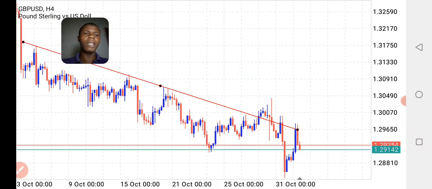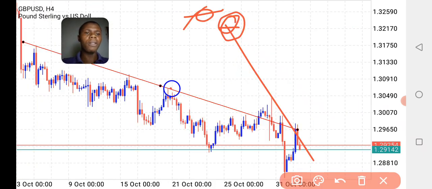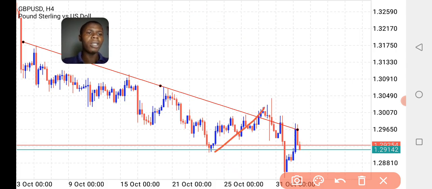Now looking at it on the 4 hours, this is one exit that I can use. Here I can wait for price to actually break above this. It will not go up immediately, it will definitely come back down. This is the first signal that you get that the price has actually returned back to changing its original trend. Okay, so it's time for us to get out.